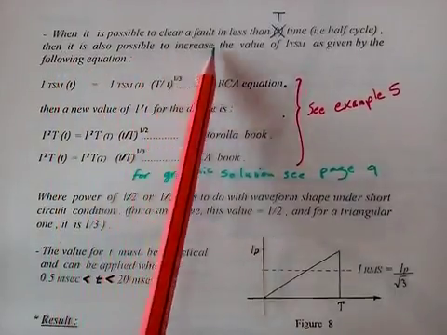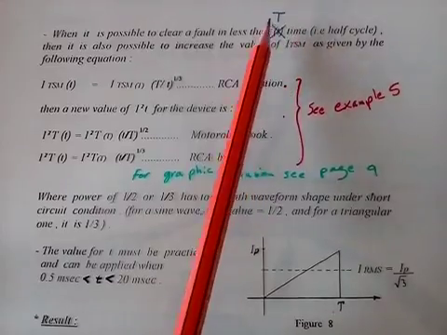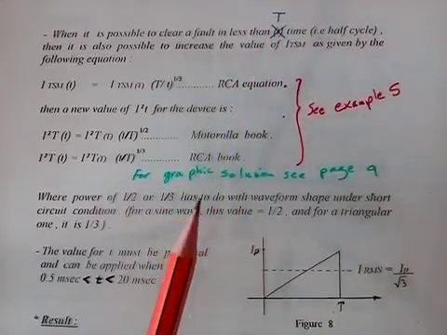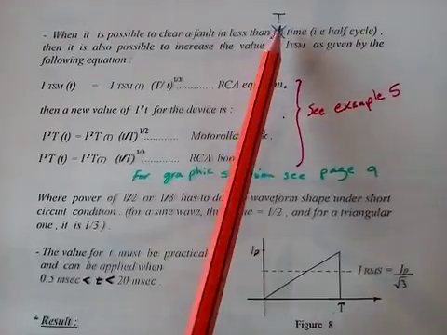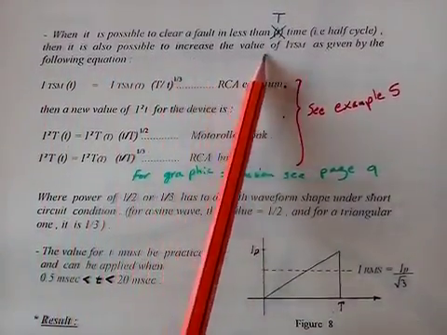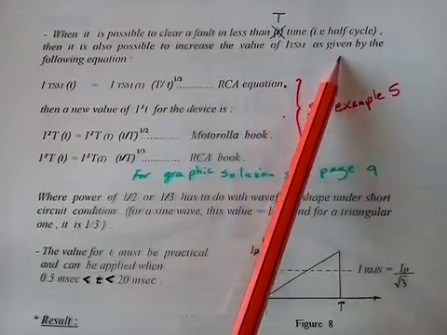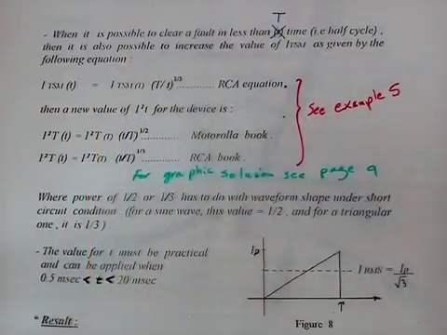When it's possible to clear a fault in less than T time, i.e. half a cycle, which is used by manufacturers, then it's also possible to increase the value of the ITSM, the surge current, as given by the following equation.